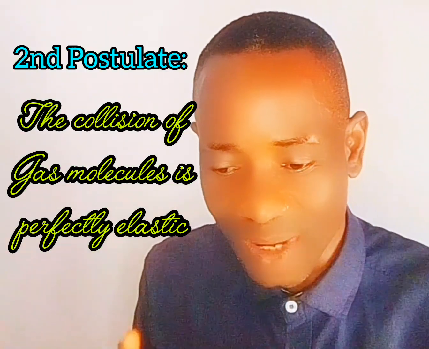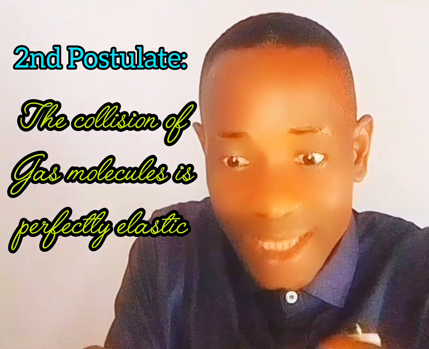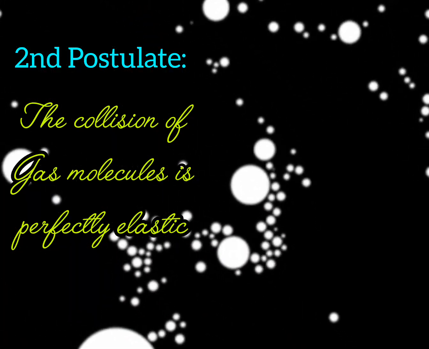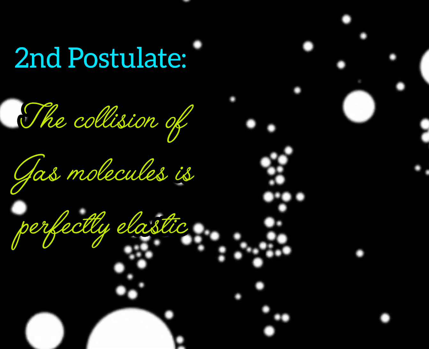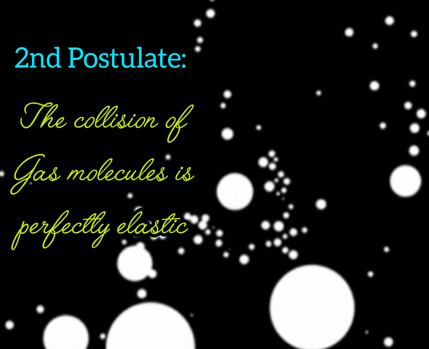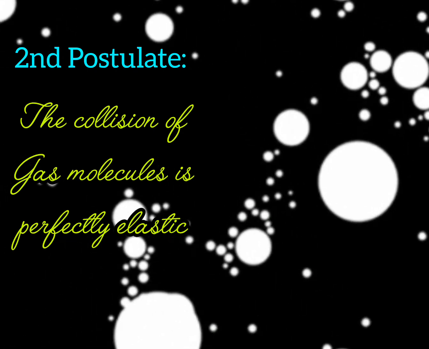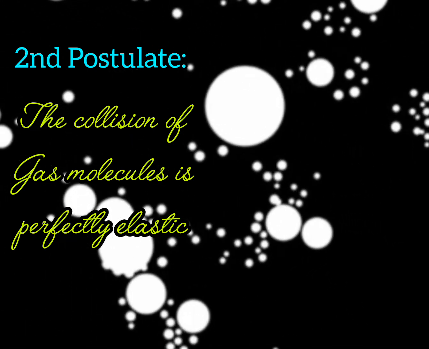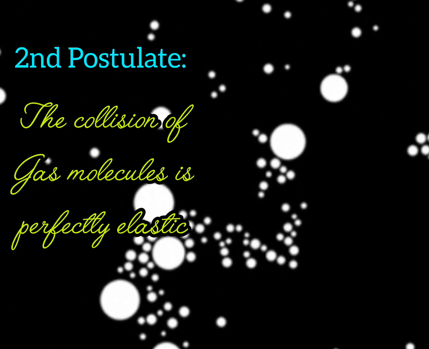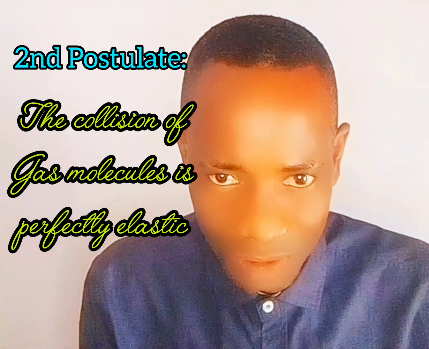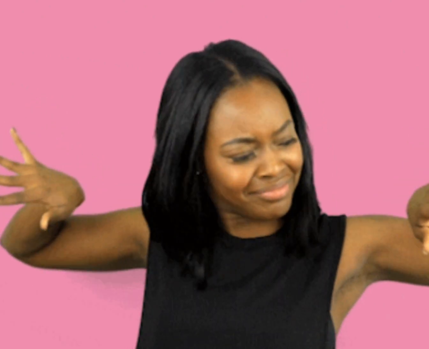That is, when 2 gases jam themselves, they go back with the same speed and energy at which they were coming. They just jam and go back. When they jam the wall, they go back with the same speed. No drop in speed, no drop in quantity of heat, no drop in energy, and that is the second postulate, a definition of elastic collision as the reality of gas molecules. I hope you are following.